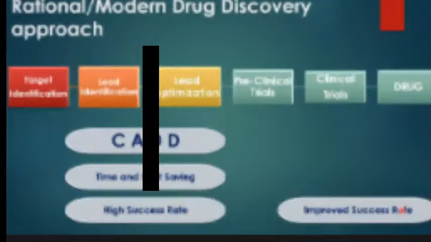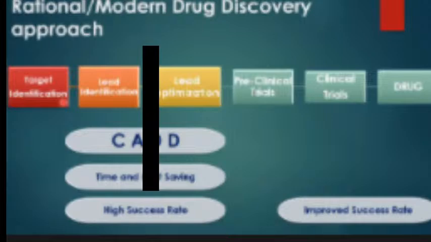Now let me compare it with the rational or modern drug discovery approaches. The modern drug discovery approach doesn't just start from synthesizing or exploring natural products. It starts from target identification. It starts from identifying the disease, identifying the pathophysiology behind it, identifying the stages, and then which enzyme you need to block.